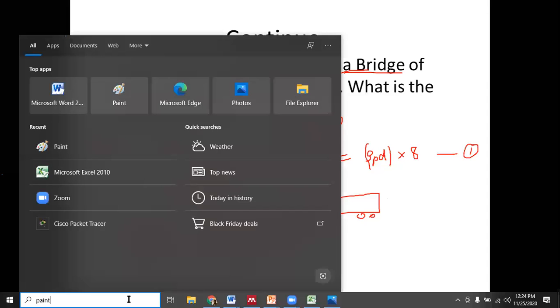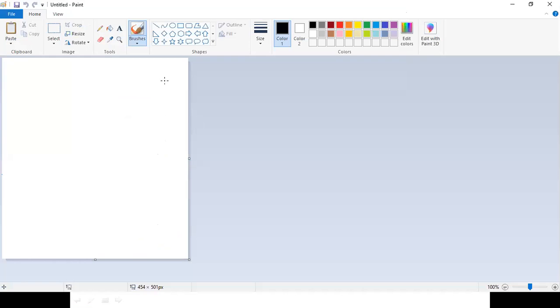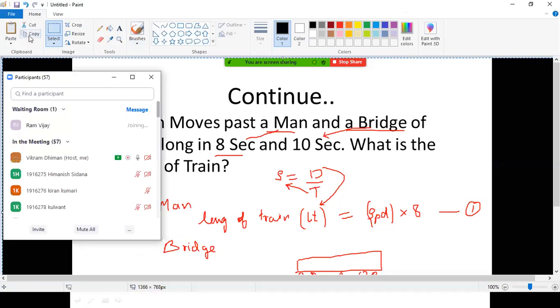So let LT be the length of the train, and LB the length of the bridge, right?